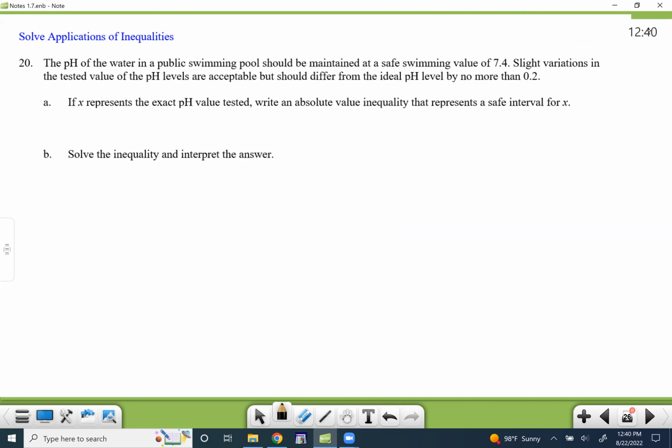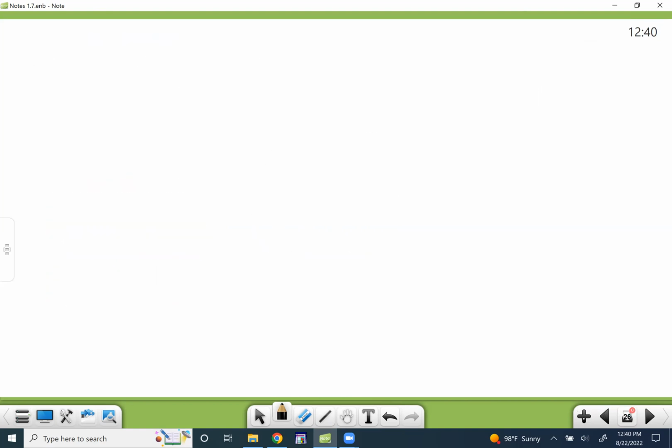So absolute value inequalities have applications in the real world in what we call tolerance problems. So consider the example of you working at an M&M factory. Let's say your factory makes those fun size M&M packets that they have for Halloween, and let's say you want 16 M&Ms in a container, okay?